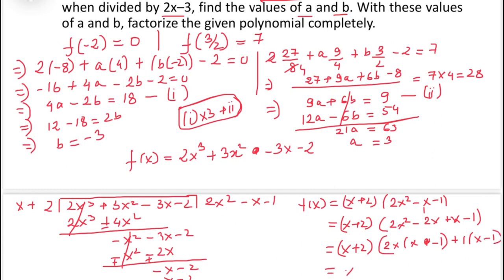So finally x plus 2 times 2x plus 1 times x minus 1. So this is the complete factorized form of the given polynomial.